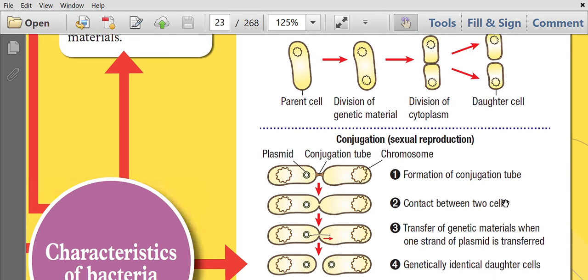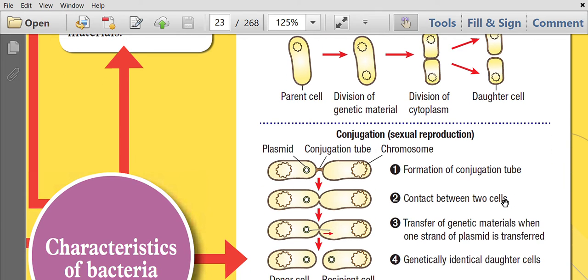Conjugation, you have one positive and one negative, or in a crude manner, I call them male and female, right? You can see here there is a transfer of genetic material from one strand of plasmid, meaning that there is a movement of genetic material between these two.